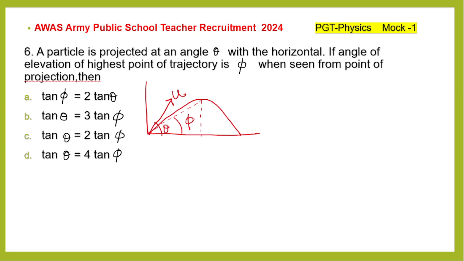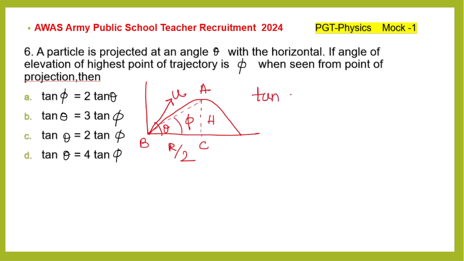We can see here this is the triangle ABC, and the height of this triangle is h, the height of this projectile motion, and here BC, the base, we can write as R/2. Here R denotes the range of this projectile motion.